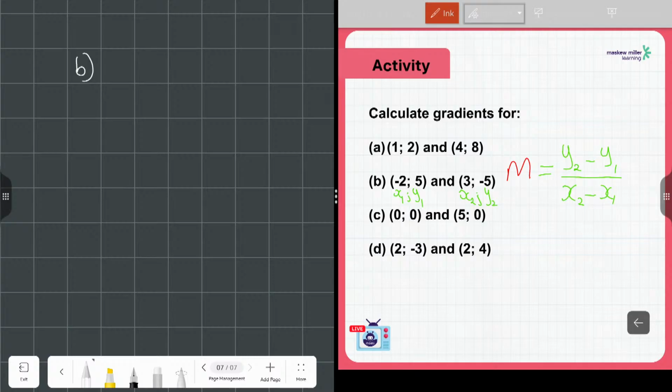So when I write my formula, m equals y2 minus y1 divided by x2 minus x1. Let's substitute. What did we say our y2 is? We said it's going to be a negative 5.